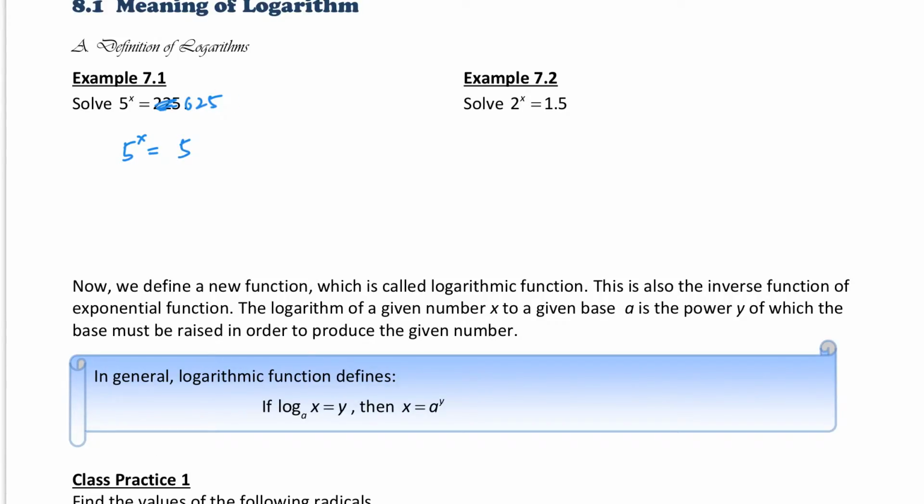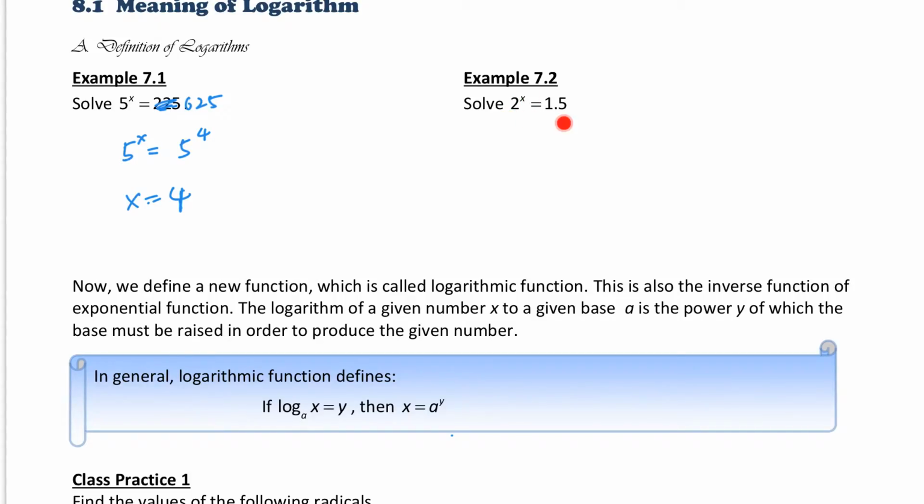So change to 5 to the power 4. Then, if the bases are equal, x is equal to 4. Because we can change 625 to 5 to the power 4, it is not very difficult to find the unknown x.